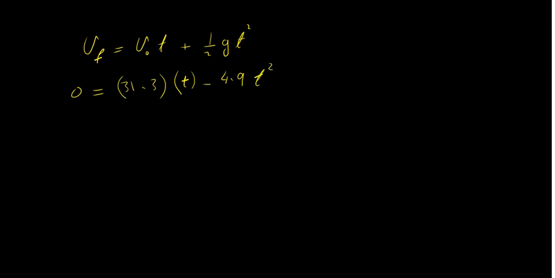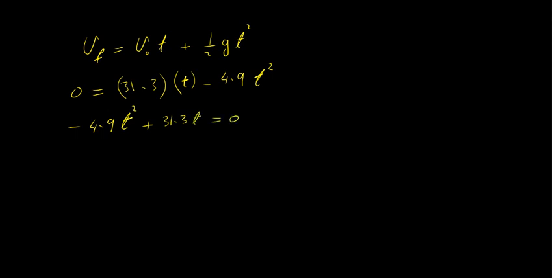Now I can rearrange my formula and it looks like a quadratic equation: negative 4.9 t squared plus 31.3 t equals 0.